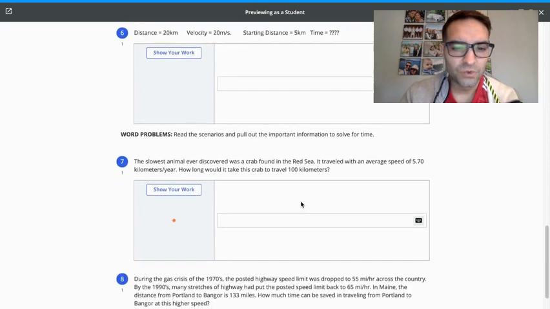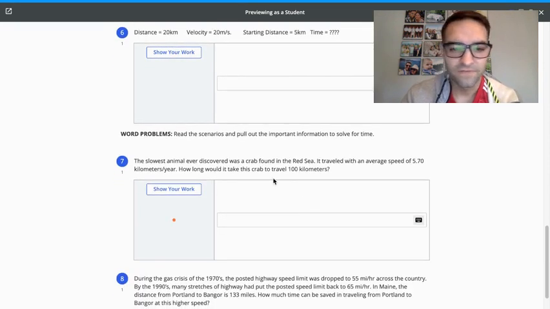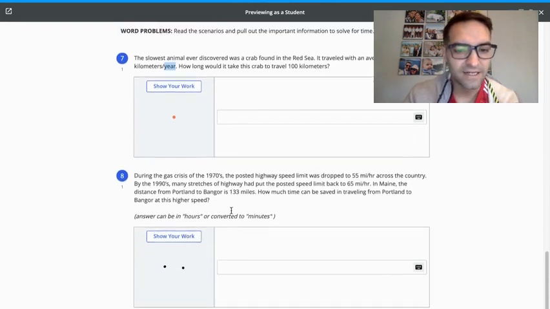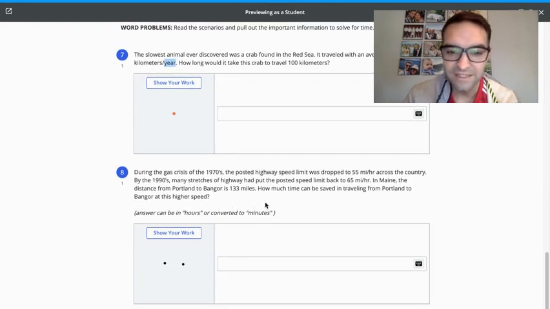Then we have 2 word problems. The first word problem is pretty standard: you get a distance of 100 kilometers, and you get 5.7 kilometers per year. Keep in mind your unit of time is a year, so your answer should be in years. And last but not least, this one is asking you to do a 2-step problem.